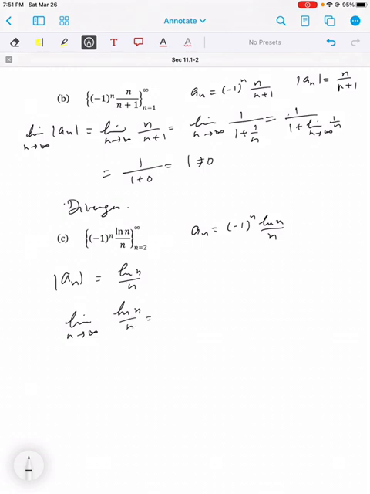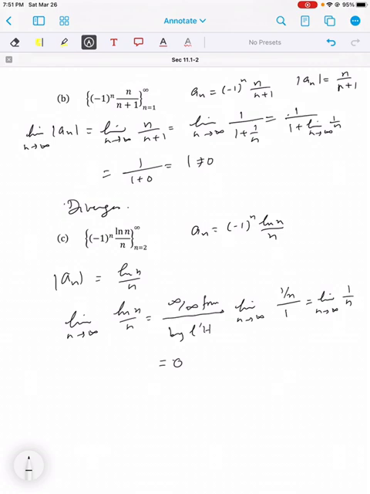And how do we find this limit? Well, remember again we have to use L'Hopital's rule. So in this case you notice this is an infinity over infinity form. So by L'Hopital's rule, this will be the limit as n goes to infinity of 1 over n divided by 1, which after simplification is equal to 0.